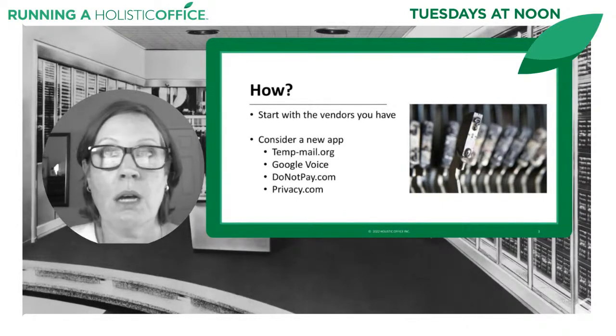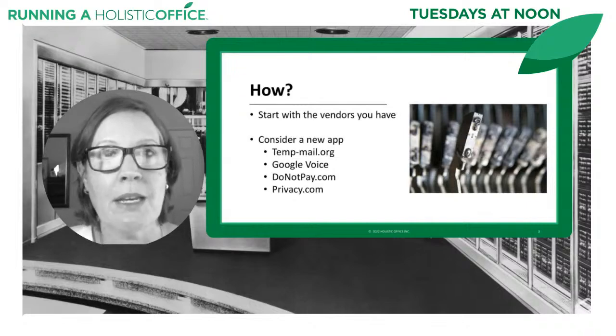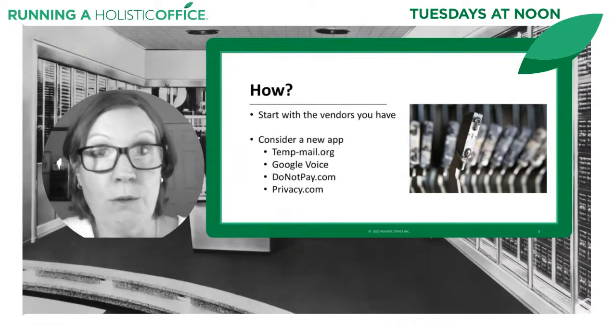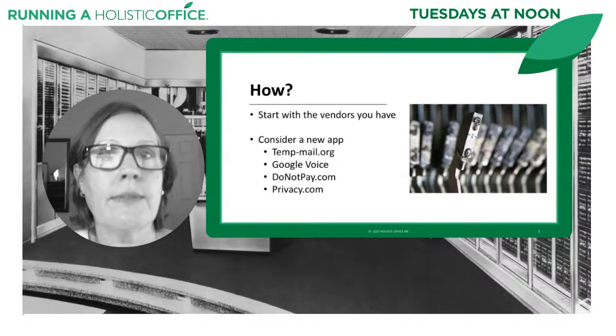Then I can set up a sweep rule: any emails that come to this email address, we're going to sweep into this new folder. And then I can go look at that when I'm ready.